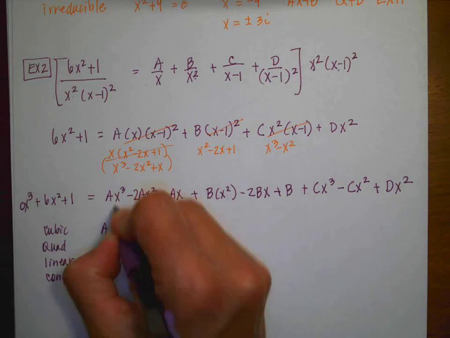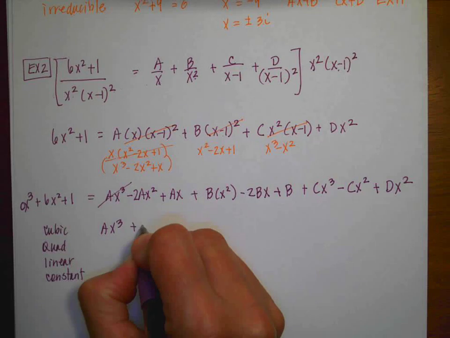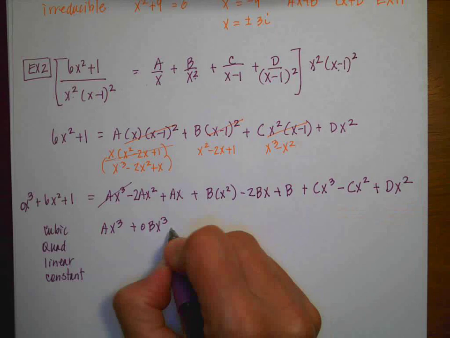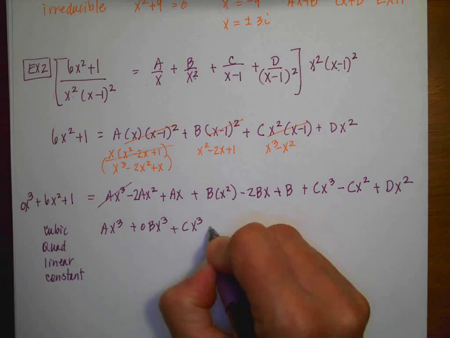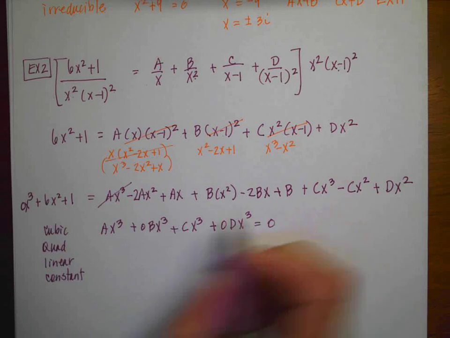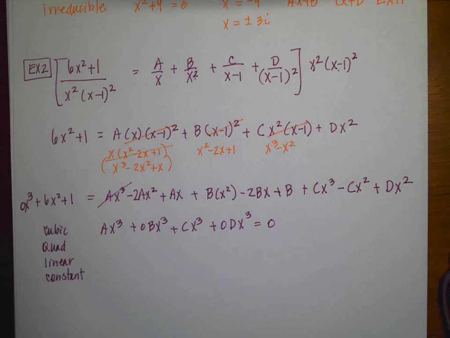So I have an ax cubed, okay, so he goes away. There's no b cubed, so I'm going to put a 0bx cubed, and then I have plus a cx cubed plus 0dx cubed equals 0. And that's that guy right there.